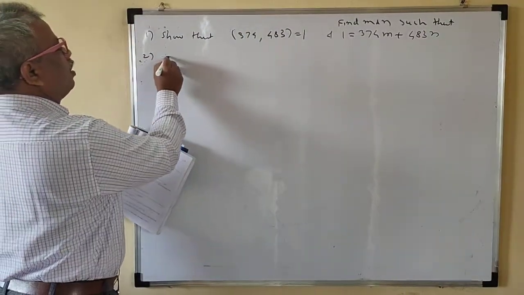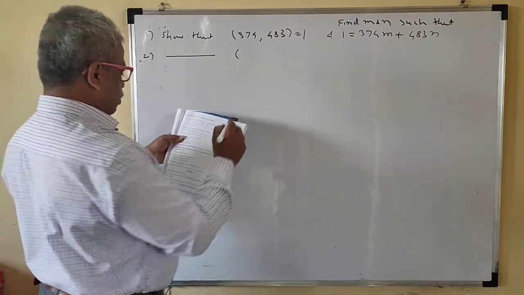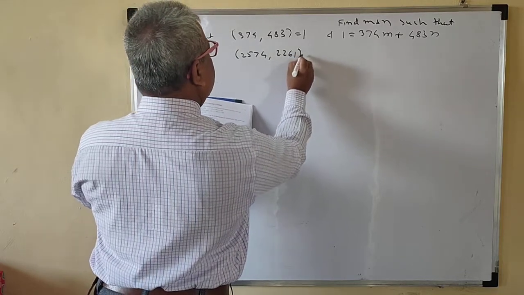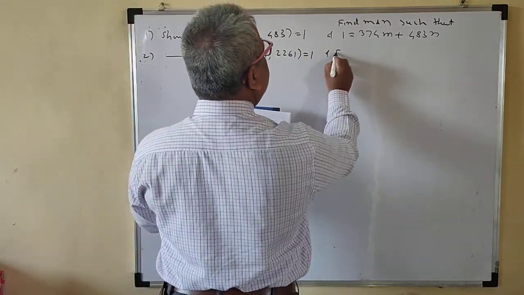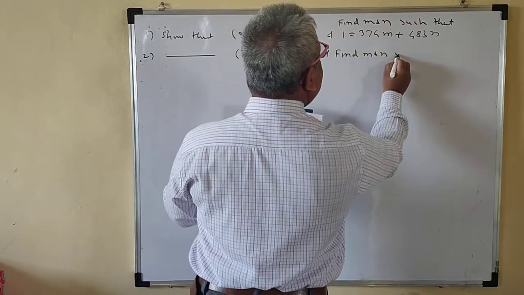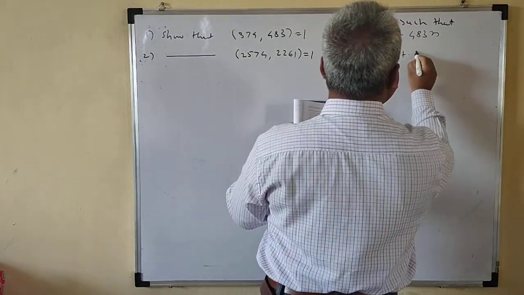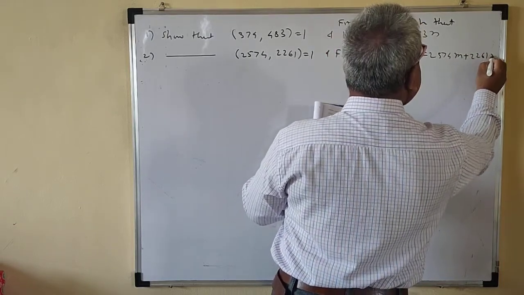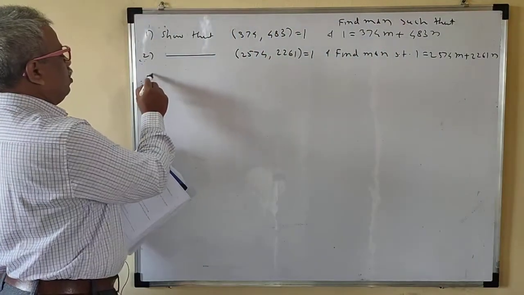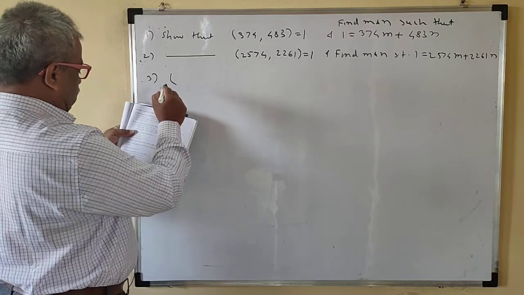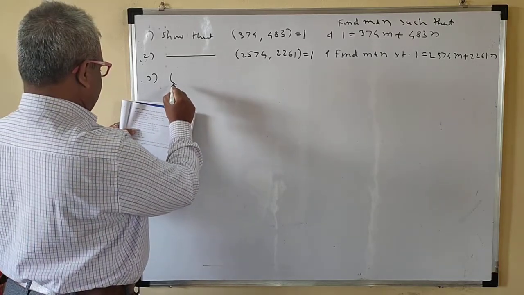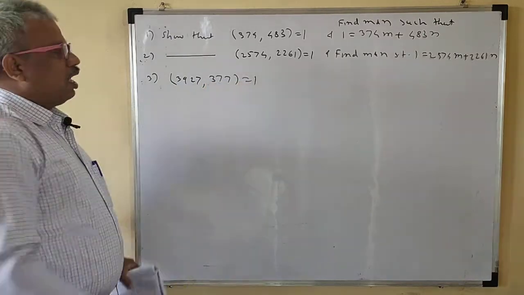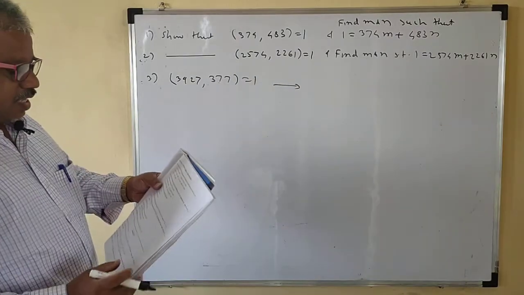Second, same thing. Show that 2574, 261 is equal to 1. Find m and n such that 1 is equal to 274m plus n. Do the problem for this also. 3927, 377 is equal to 1. And do the same thing here. This is the exercise to you.